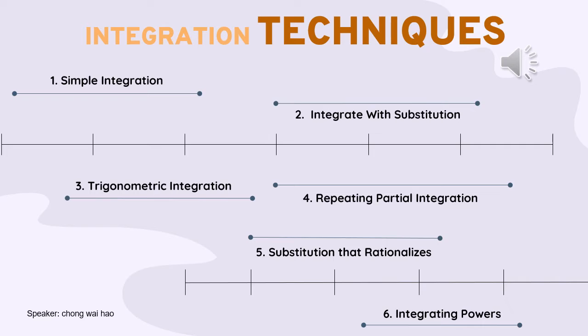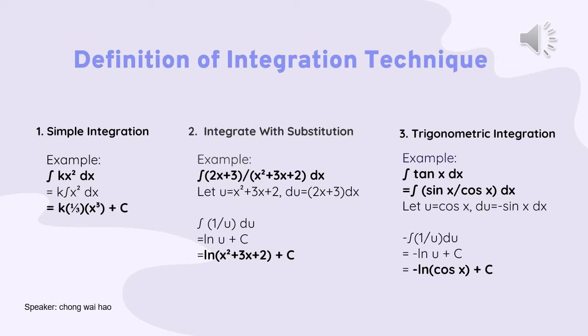There are 6 integration techniques, namely simple integration, integration with substitution, trigonometry integration, repeating partial integration, substitution that rationalizes, and integrating powers. Slides 7 and 8: each technique has an example question and its solution.